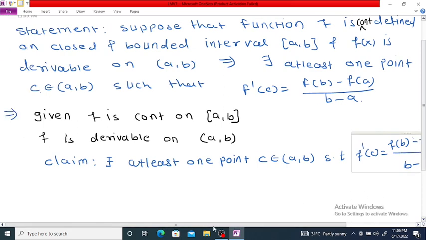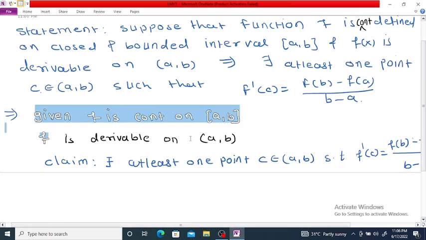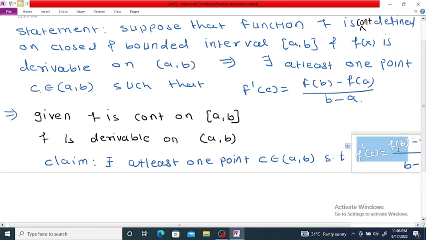So the given part is that f is continuous and derivable, and we want to prove this f dash c is equal to that.